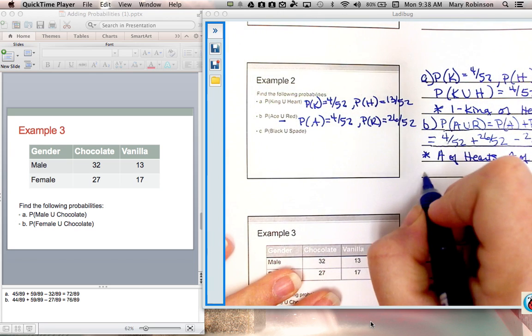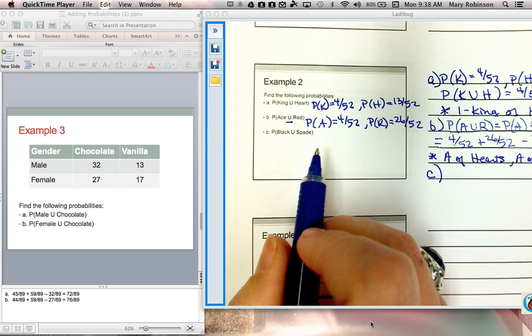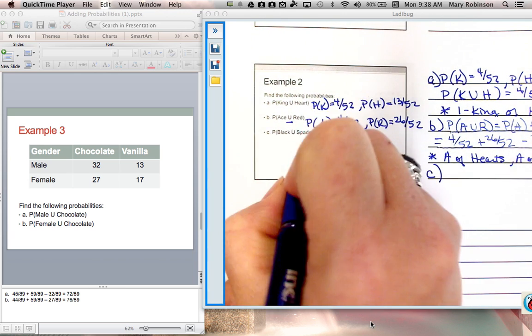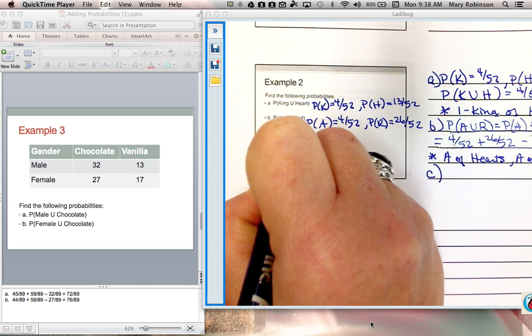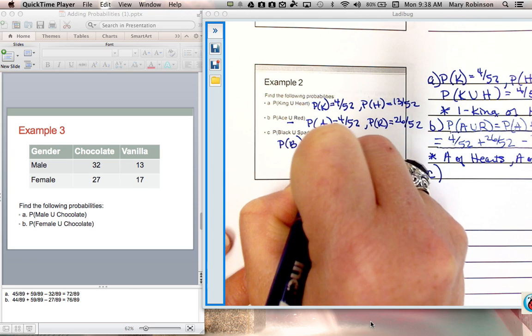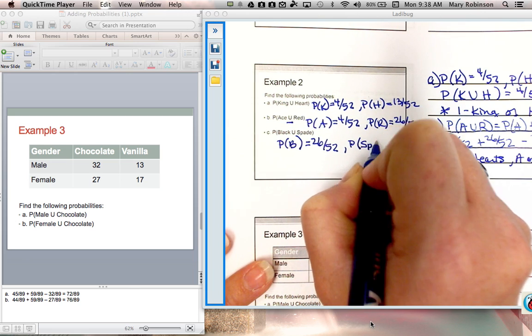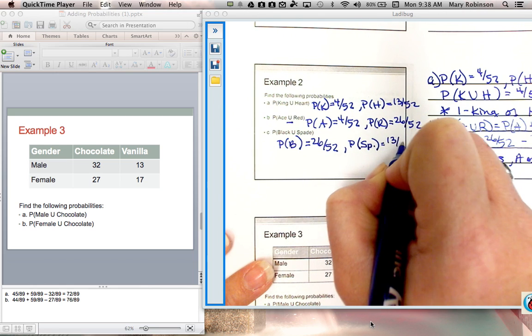It says the probability of a black or a spade. So think of your deck of cards. We know the probability of a card being black is half the deck, so 26 out of 52, while the probability of being a spade is 13 out of 52.